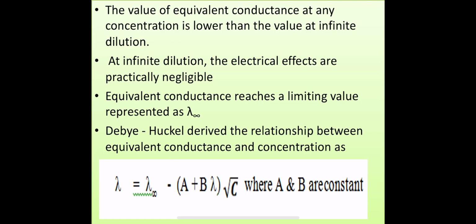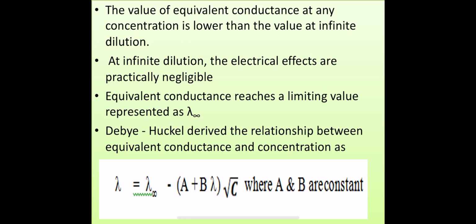As a result, the value of equivalent conductance at any concentration is lower than the value at infinite dilution. Okay, so here the infinite dilution is represented as lambda infinity. Due to this reason, rather than finding out the equivalent conductance of an unknown solution at any concentration, we are going to use the term lambda infinity.